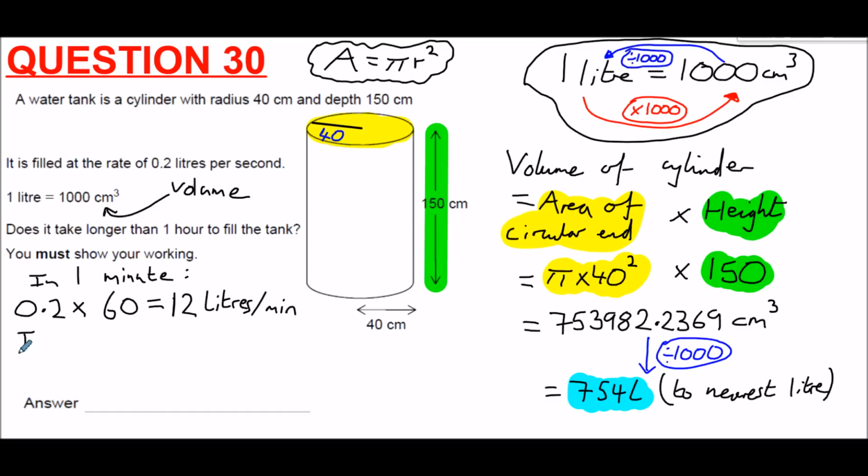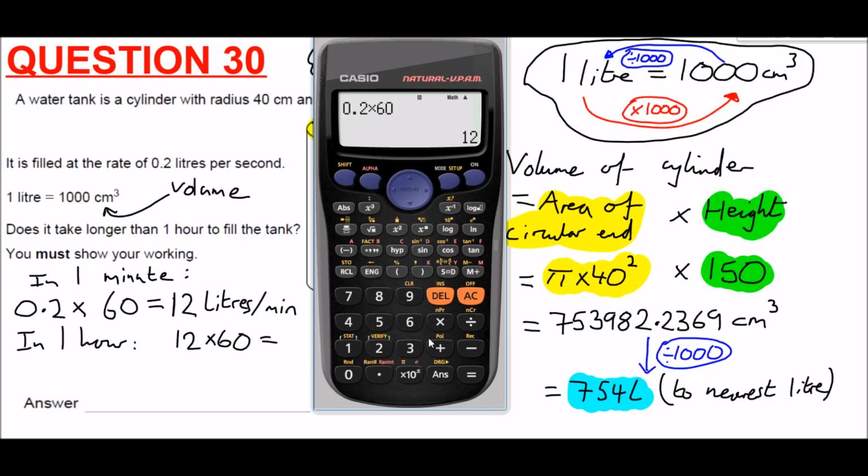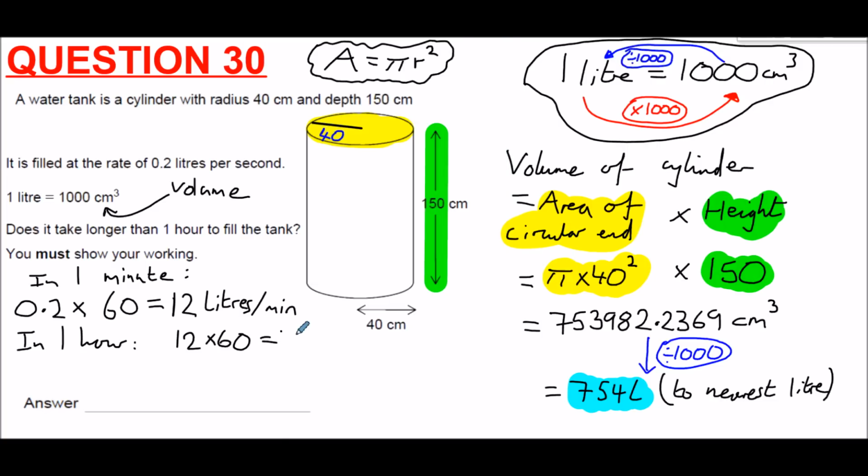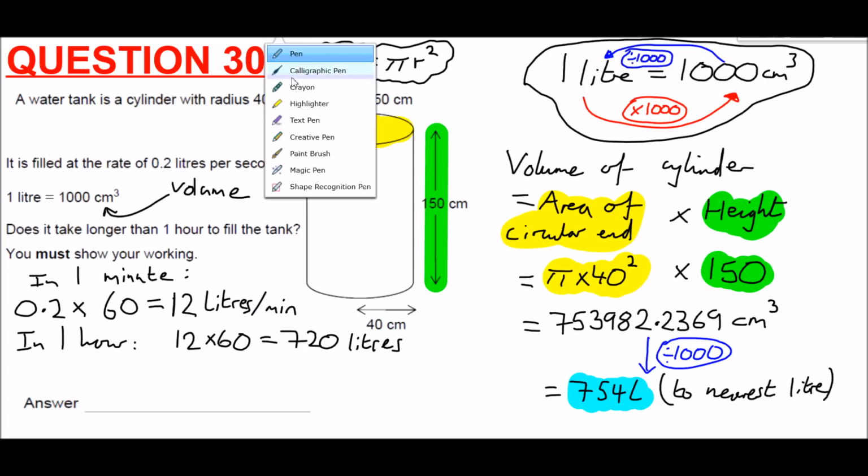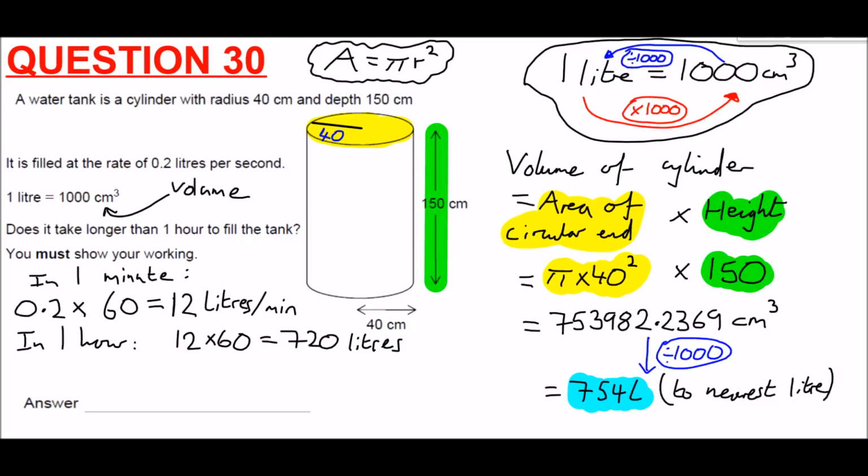So then in an hour's got 60 minutes. So 12 times 60 would be 720 litres. So after an hour of filling this tank, after 1 hour, we would have filled up 720 litres.